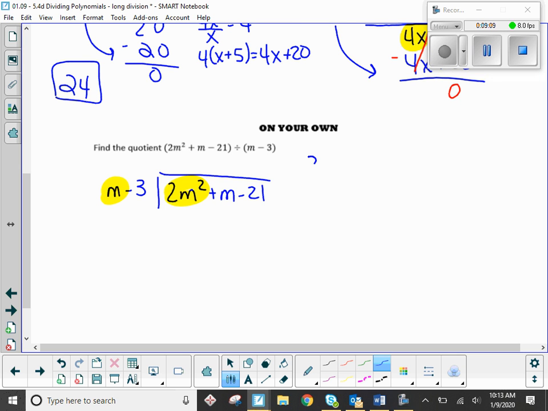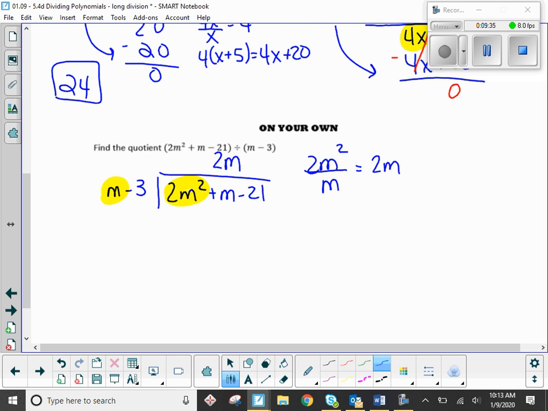So 2m squared divided by m, which is what? 2m. It goes on top, in the spot where the quotient goes. What am I going to line it up above? The m. You're lining up like terms, the ones with the same powers. It's going to go here.